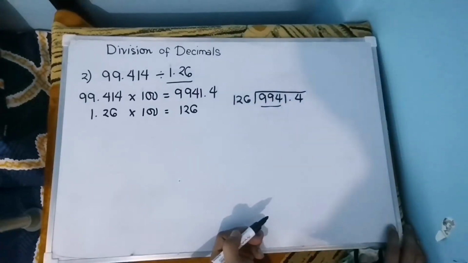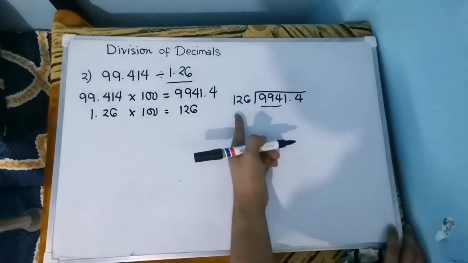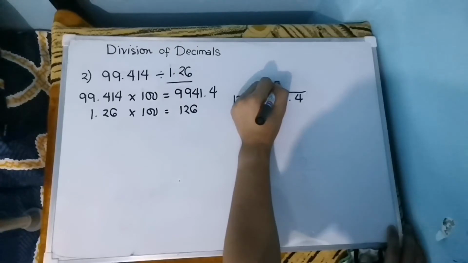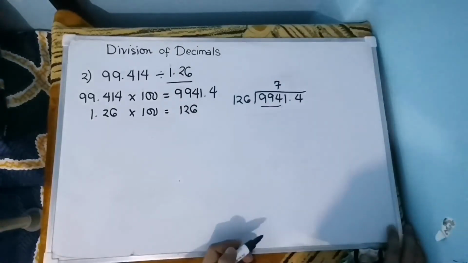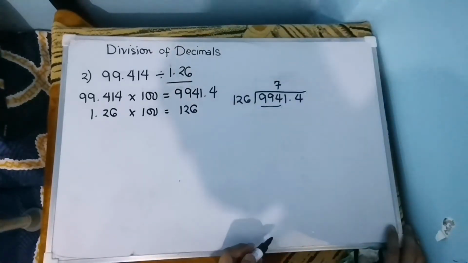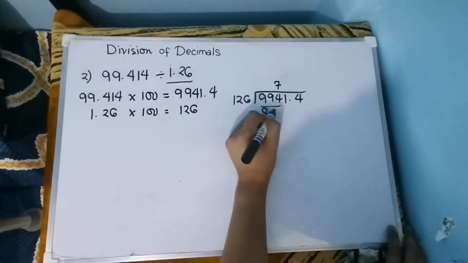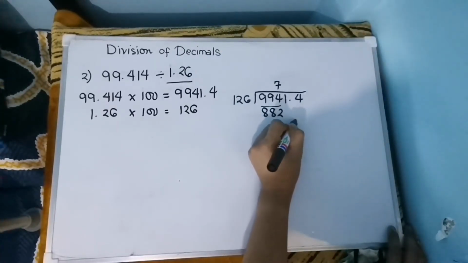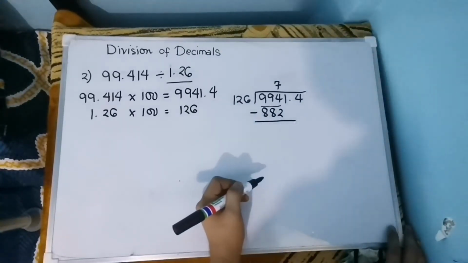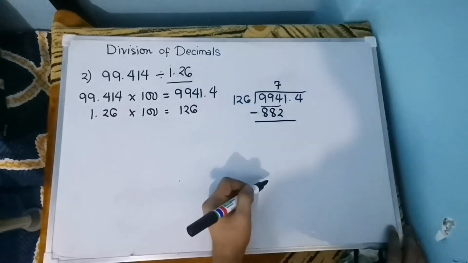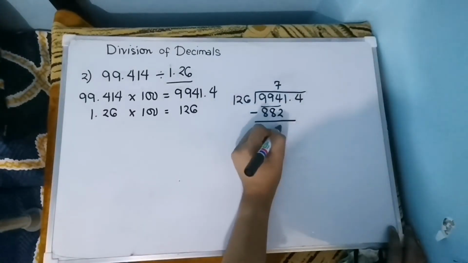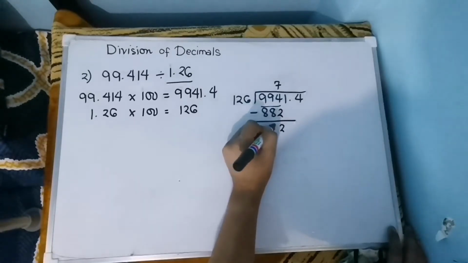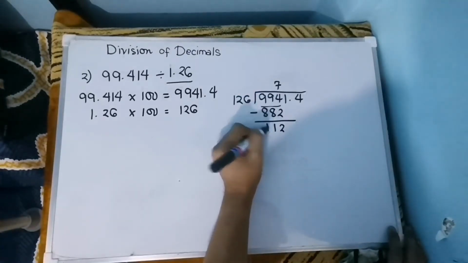So 994 divided by 126 is 7. Then 7 times 126 is 882. Again, subtract. So we have here 4 minus 2 is 2. 9 minus 8 is 1. 9 minus 8 is 1.